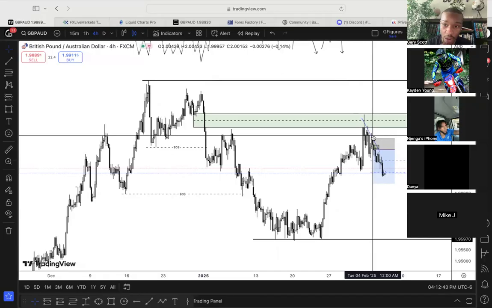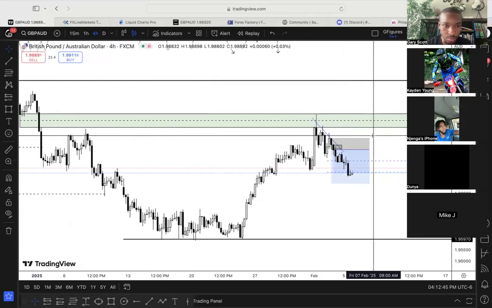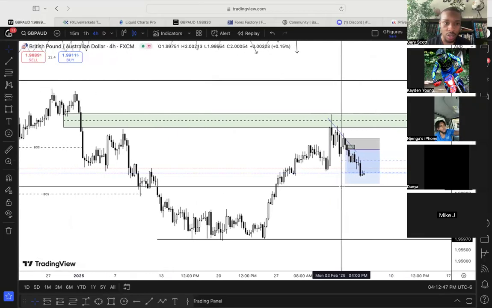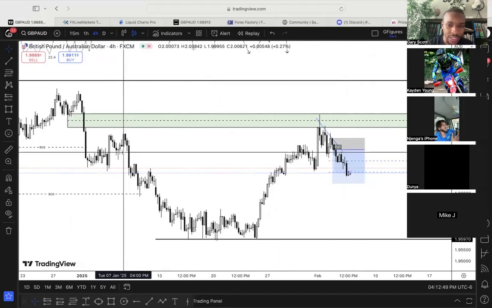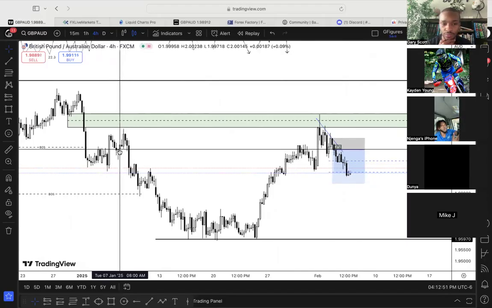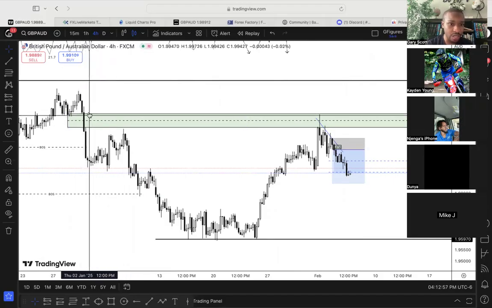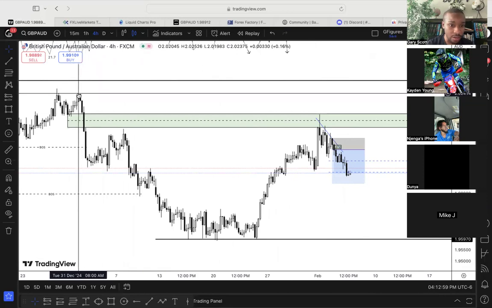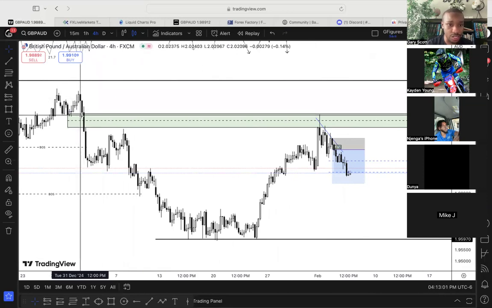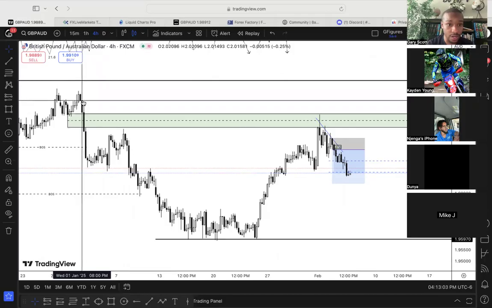But what I wanted to see, why didn't I take a trade from this particular level? I knew that there is a deeper fair value gap here. There is a deeper order block here, and they're right near each other.